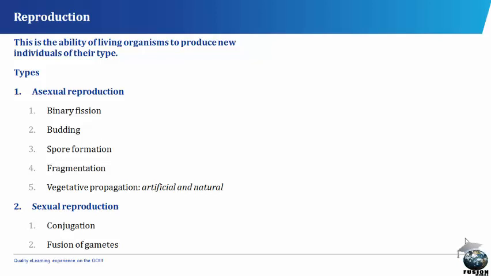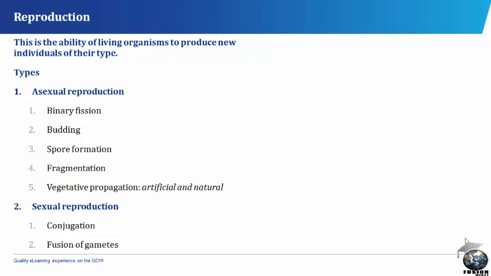Sexual reproduction. Sexual reproduction is a type of reproduction which involves the fusion of the male gametes and the female gametes to form a zygote, which later develops to a young offspring.